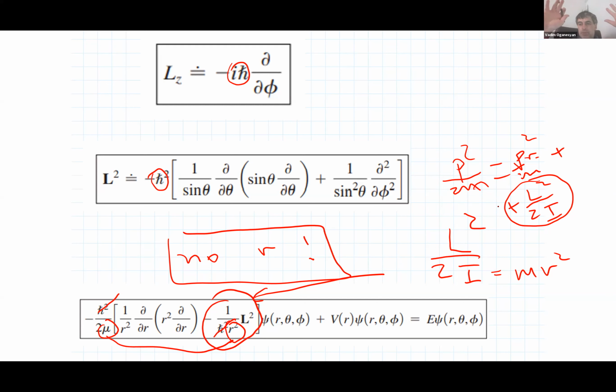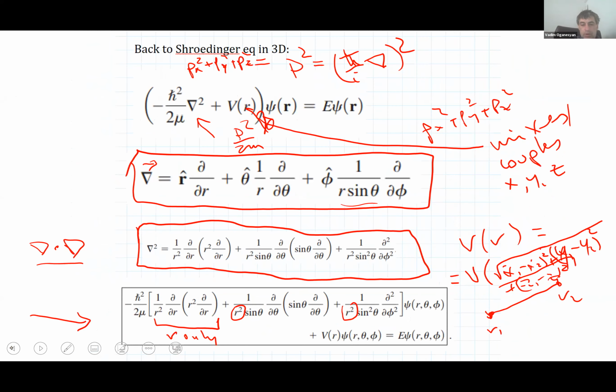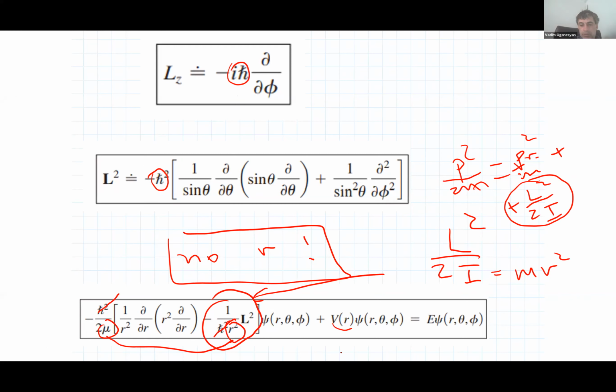So this is actually a very simple point, that you can take the Schrodinger equation and you can take the kinetic energy and you can pull it apart into radial and angular things. But then you realize something even nicer, that the interaction energy only depends on the separation, and it does not depend on theta and phi.